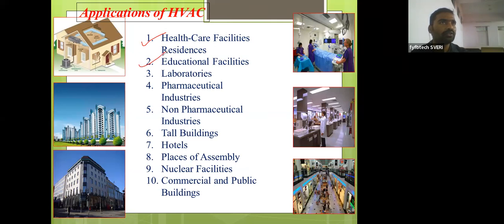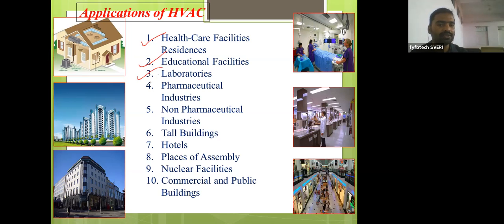Educational facility. In your college, is there any AC or not? In your conference hall, international conference hall, and in the TPO hall, there is an AC. Maximum in educational facility.